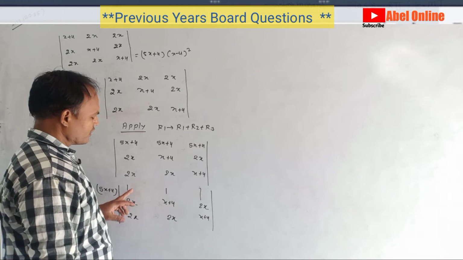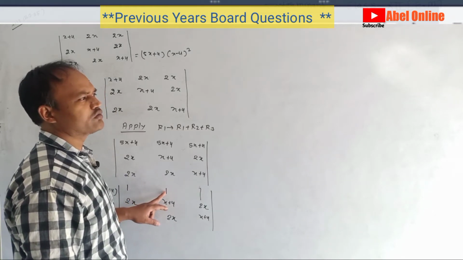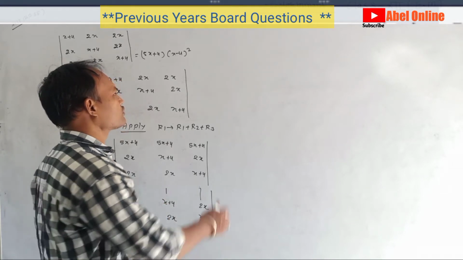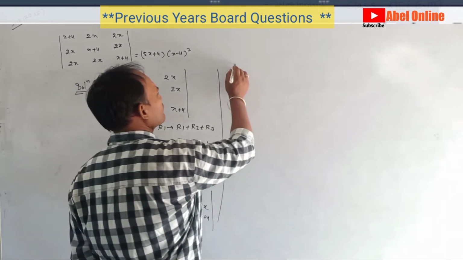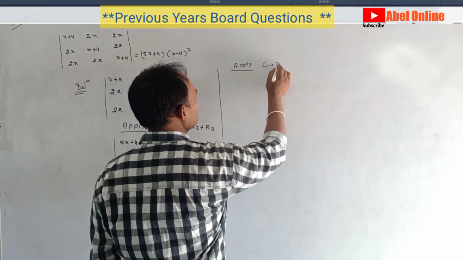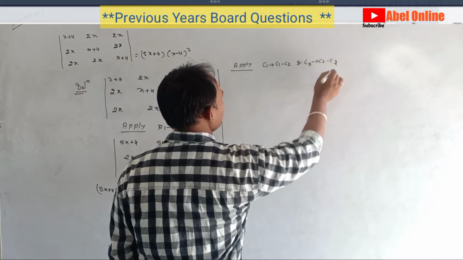If I subtract this minus this, it is C1 minus C2, and this minus this is C2 minus C3. So I am going to apply C1 tends to C1 minus C2 and C2 tends to C2 minus C3, students.